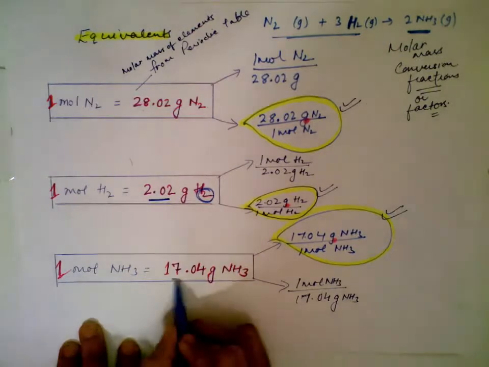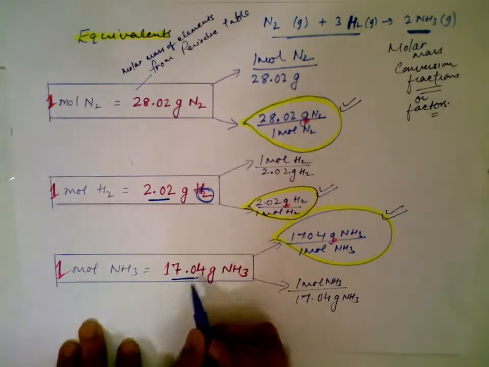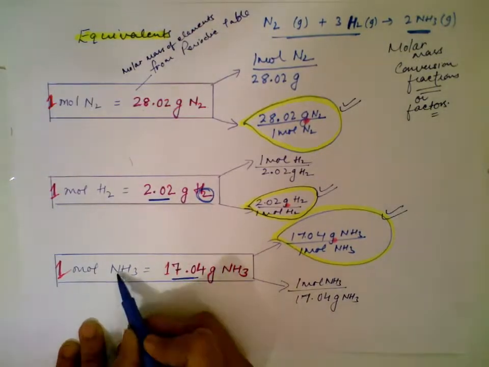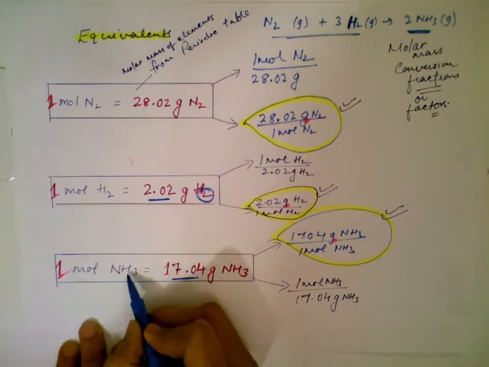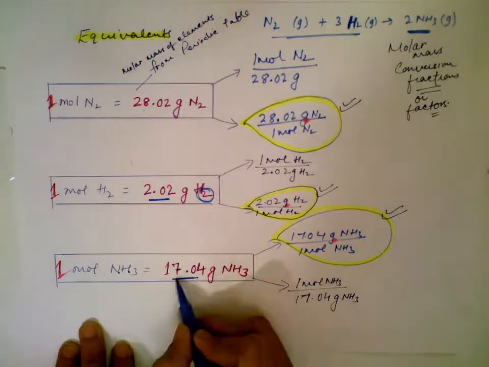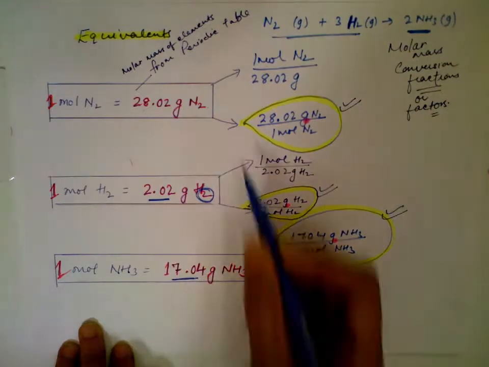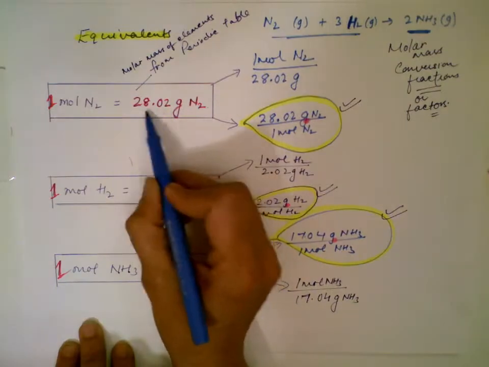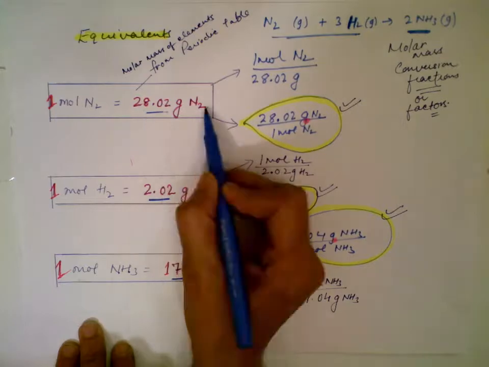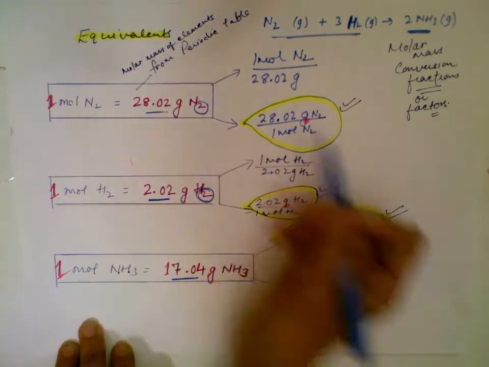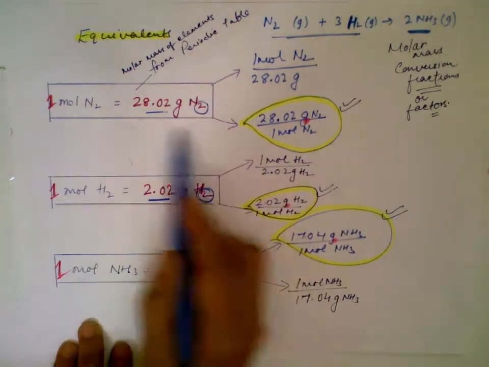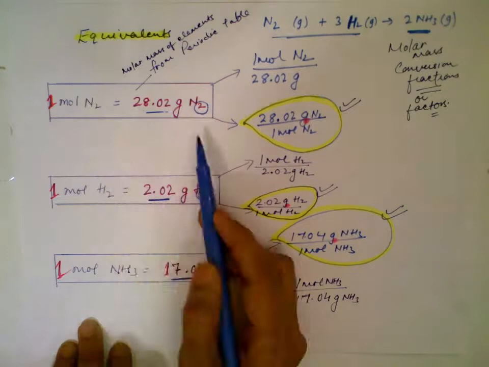For the mass of ammonia, I looked at the molar mass of nitrogen and the molar mass of hydrogen on the periodic table, and I multiplied the mass of hydrogen times 3. Added together, I got 17.04. Once again, this is coming from 14.01 times 2. So these are the equivalents, these are the true definitions.